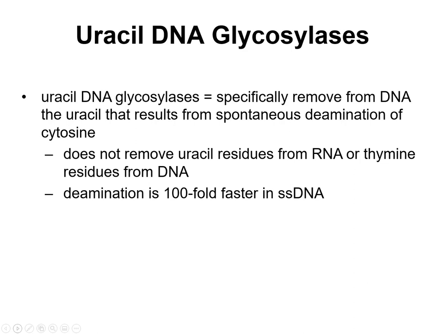And this glycosylase does not remove uracil from RNA. And it doesn't remove thymine from DNA. It simply removes uracil from DNA. So it is very specific for what it does.